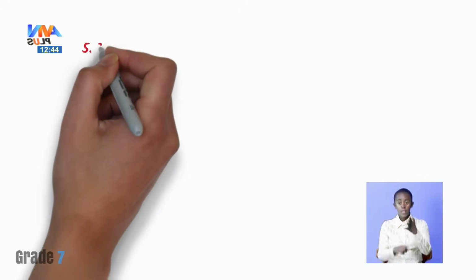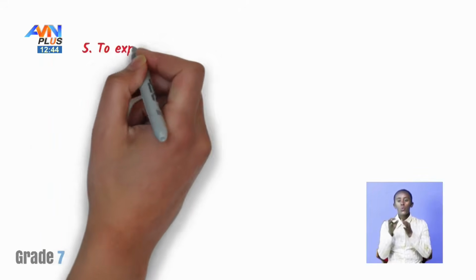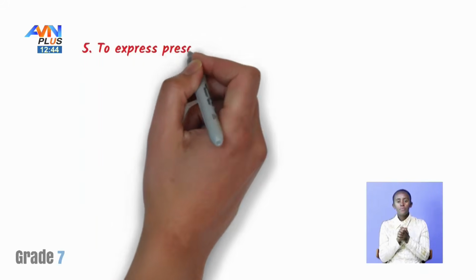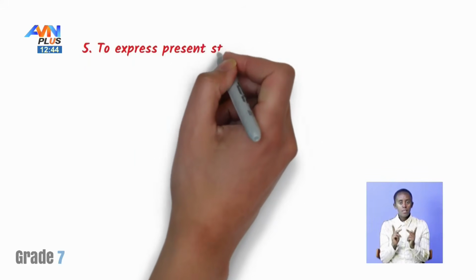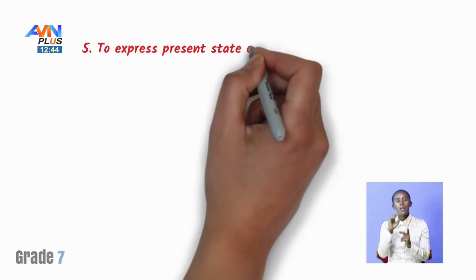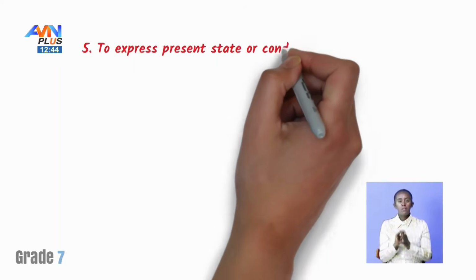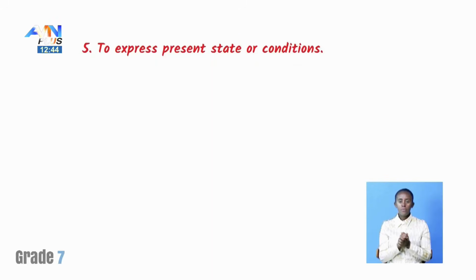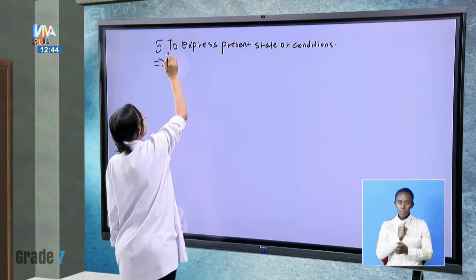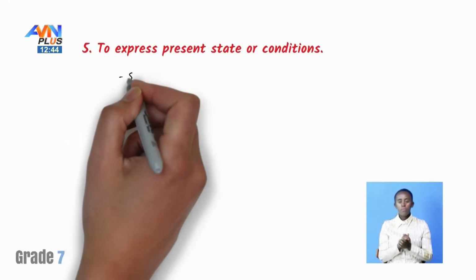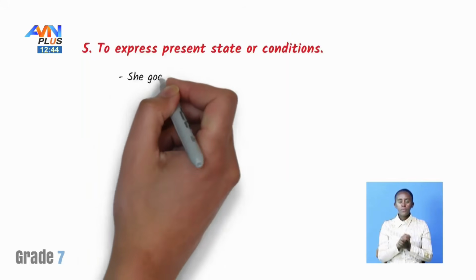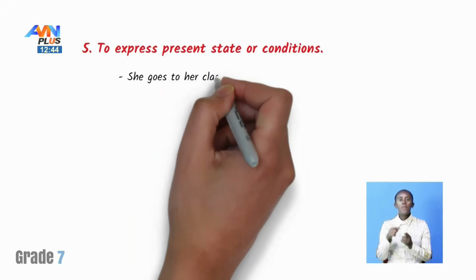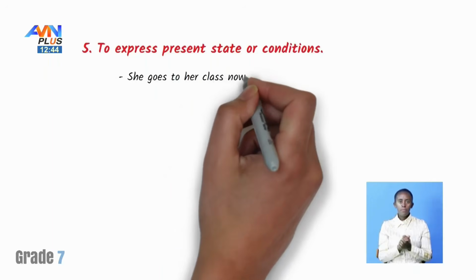The fifth one is to express present state or condition. For example, she goes to her class now.